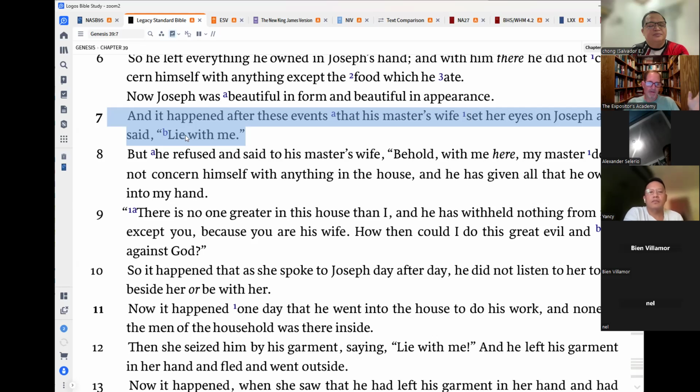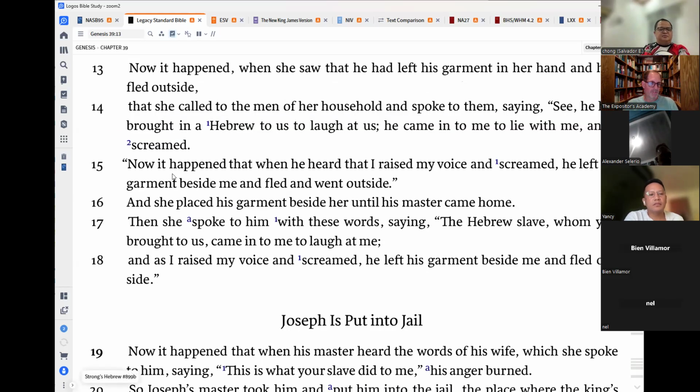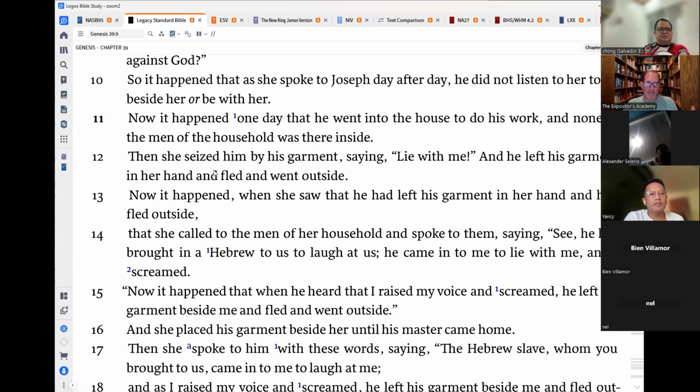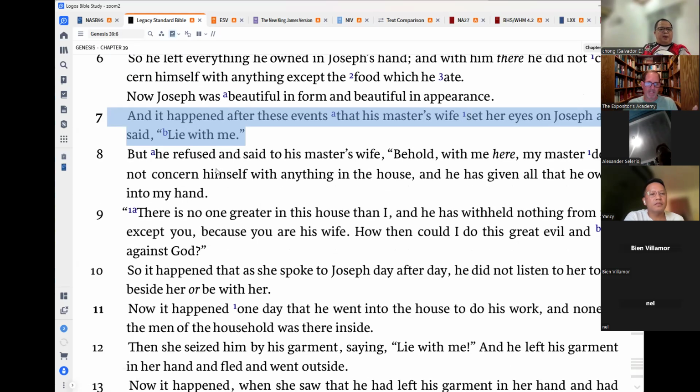If we're studying the whole account from Genesis 37, where we learn he's 17, then he's taken as a slave. He's probably 17, 18 years old when he starts in Potiphar's house. But then he's probably 25, 26, 27 years old when he is taken to jail. So these events from verse 7 all the way through verse 18 take place at the end of his time in Potiphar's house.